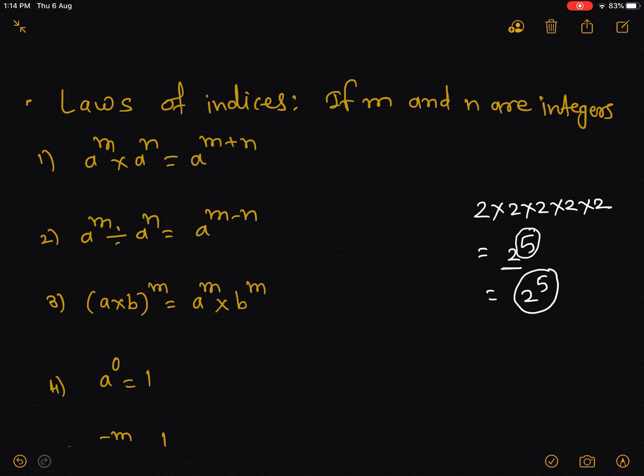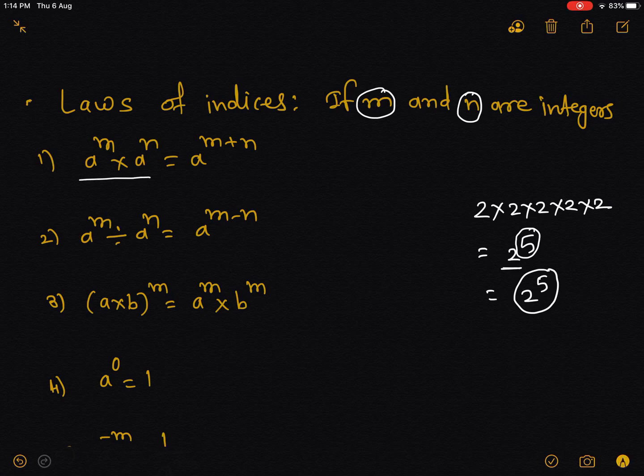Then we see here the laws of indices. If m and n are integers, we see the first law, a raised to m into a raised to n.